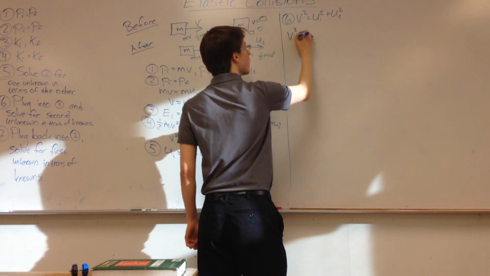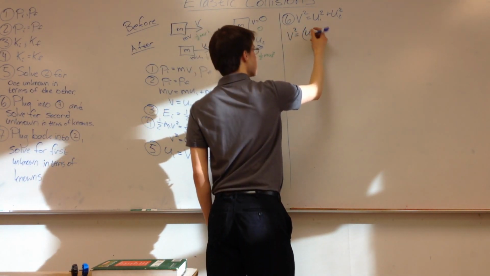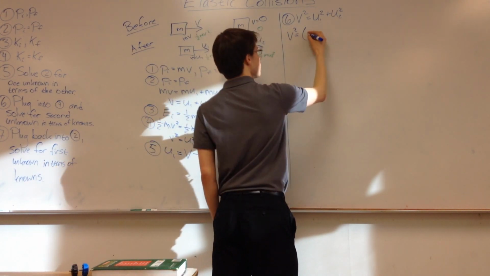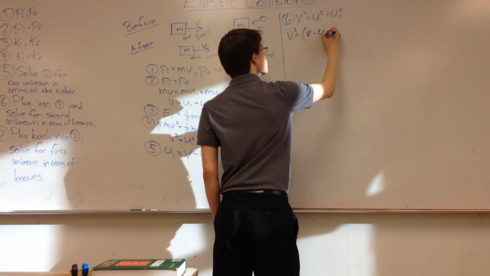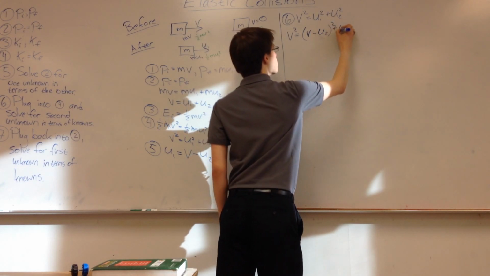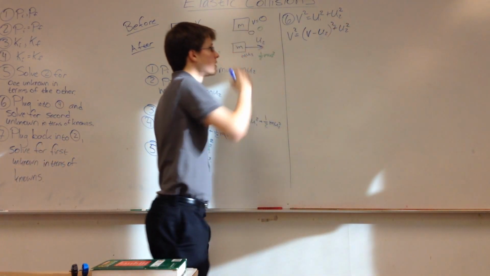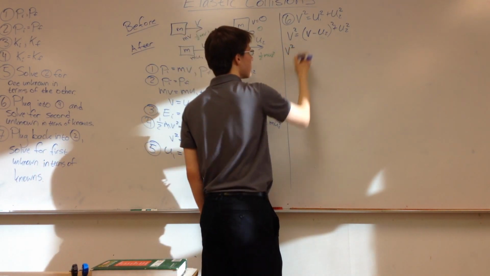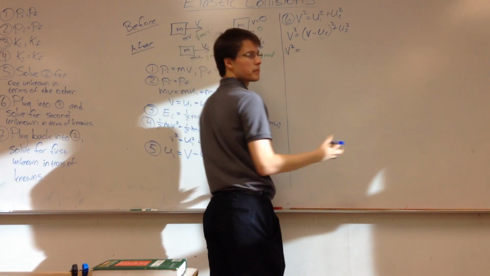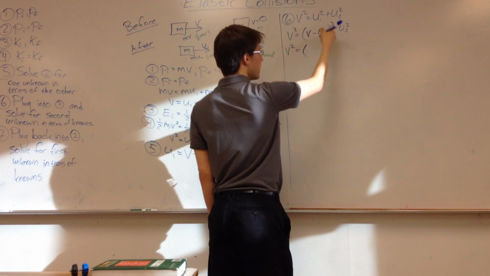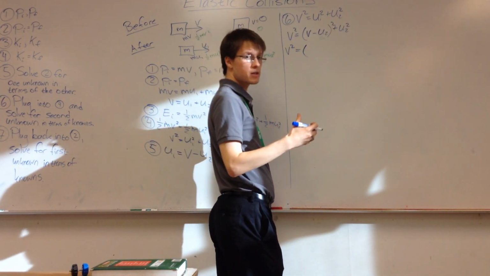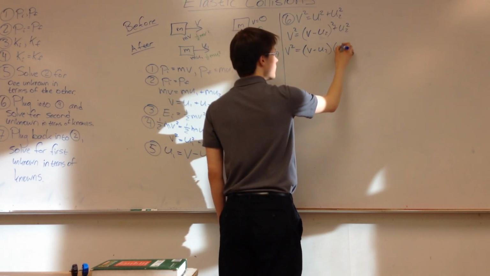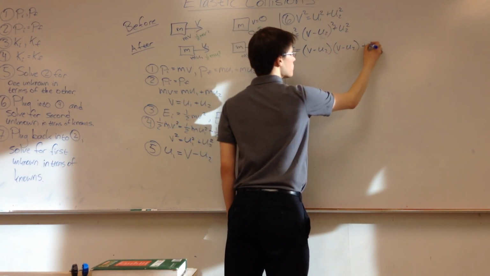So v squared equals v minus u2 all squared plus u2 squared. Now we're going to FOIL that, and I'll do this out for those of you who aren't familiar with FOILing. Anything squared is just that term times itself. So v minus u2 times v minus u2 plus u2 squared.